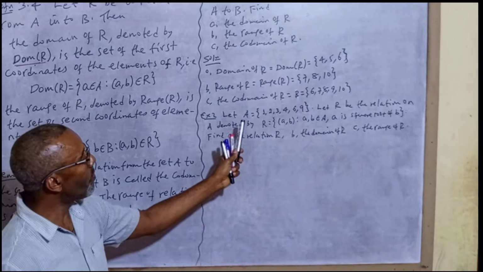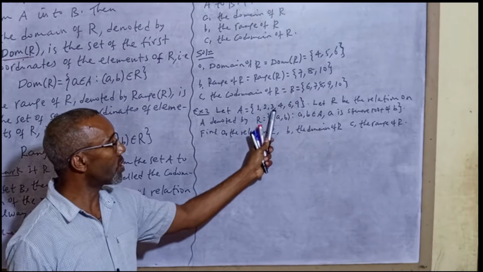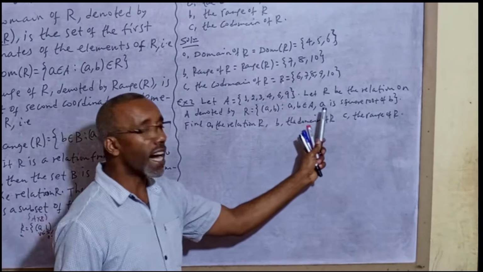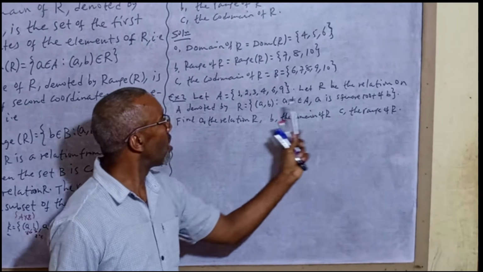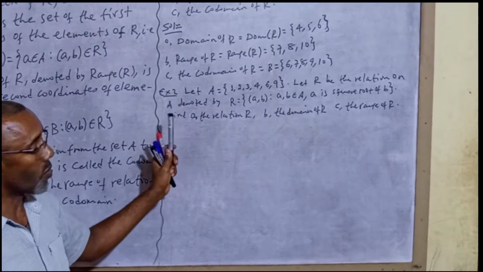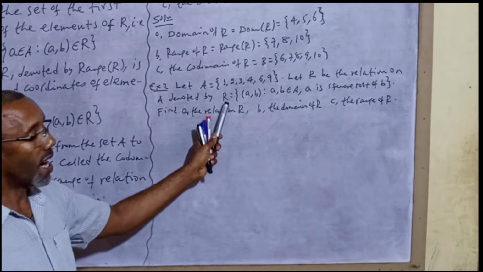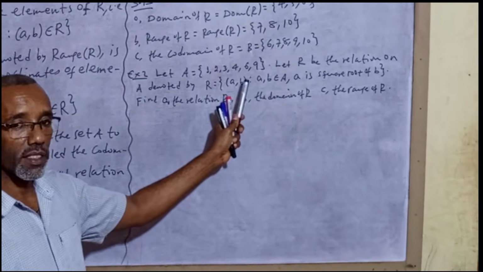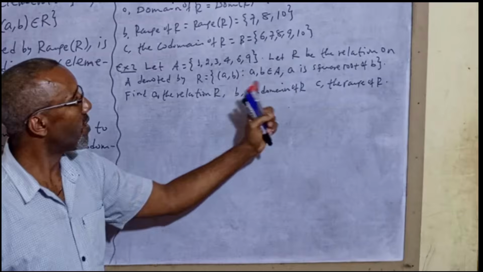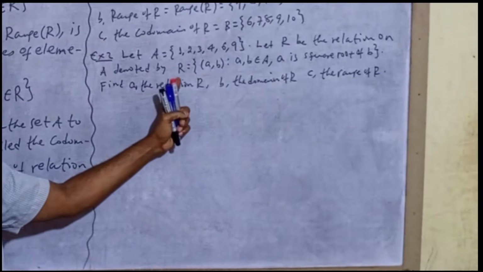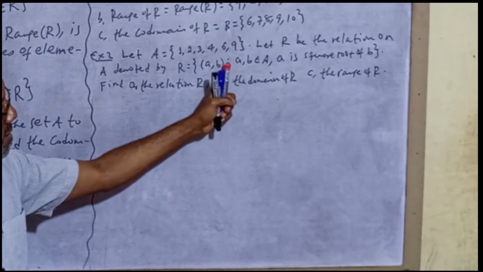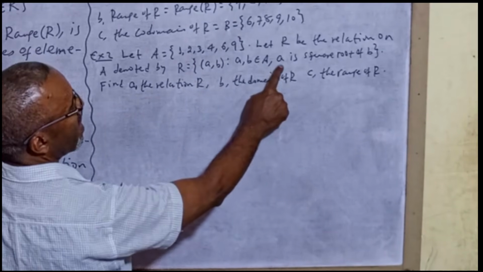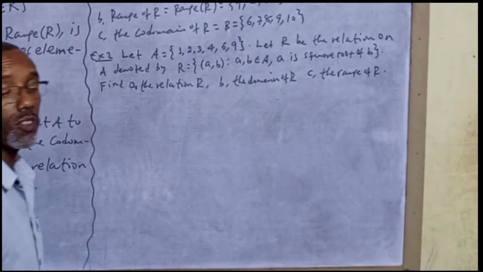Let A be the set containing 1, 2, 3, 4, 6 and 9, and let R be the relation on A, denoted by R, equal to the set containing (a, b) such that (a, b) is an element of A and a is the square root of b.